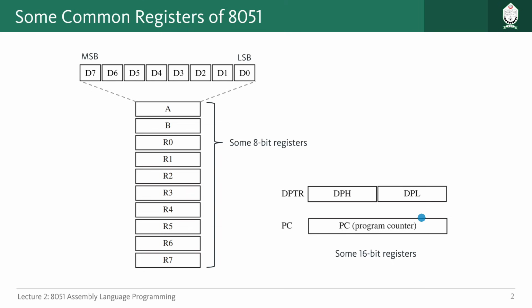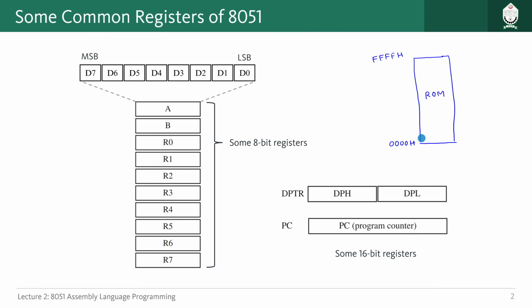We said that because we had a program counter of 16 bits as well as a 16-bit address bus, we could actually access the ROM from 0000H up to FFFFH.